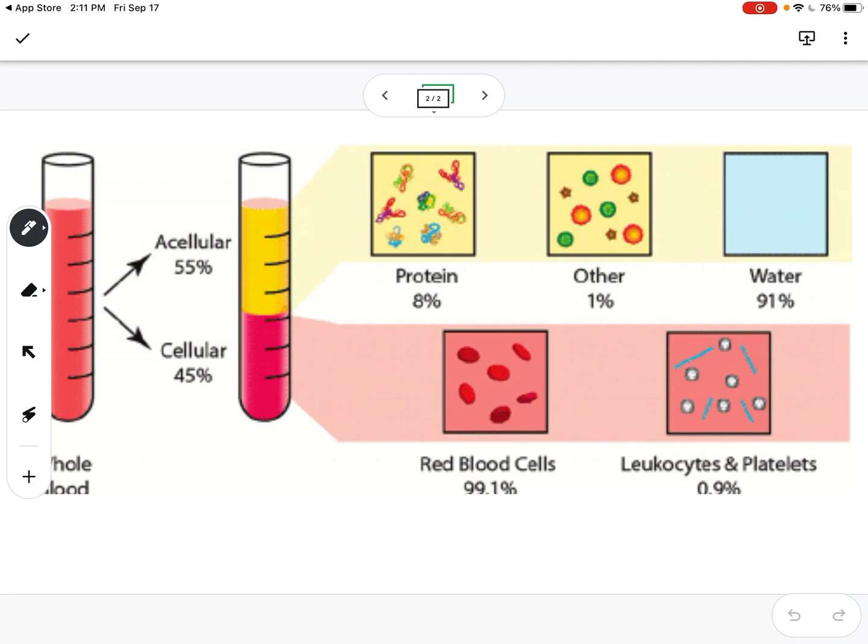When you spin down blood, the cells all settle towards the bottom and the plasma stays up at the top. Plasma is mostly water, and that's what keeps your blood flowing. All the cells are floating around in this watery plasma, but there's other stuff in the plasma. What we're going to focus on is this protein component, because that's what we're interested in.